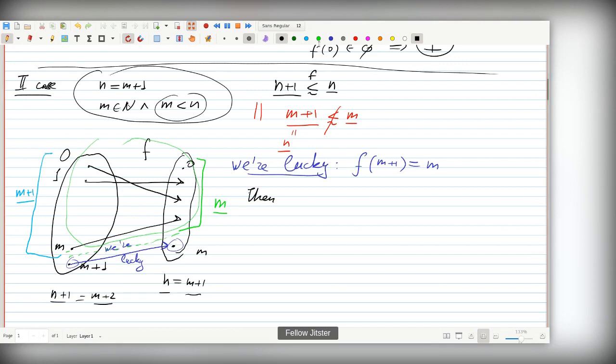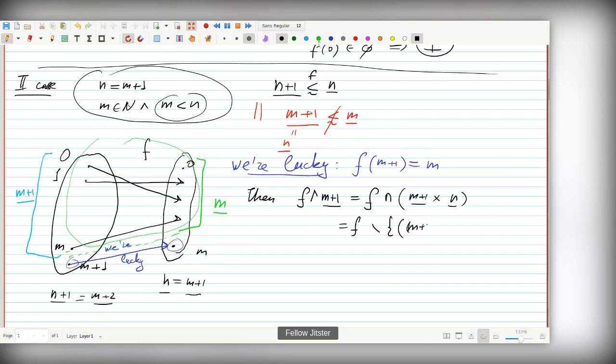Then if we take the so-called restriction of f onto m plus 1 underlined, what is it? It is our set f, the set of arrows, intersected with m plus 1 underlined multiplied by whatever, say by n. It is the set of all such arrows except this last arrow.